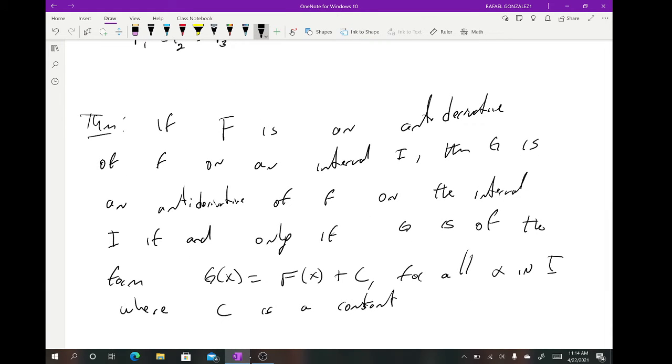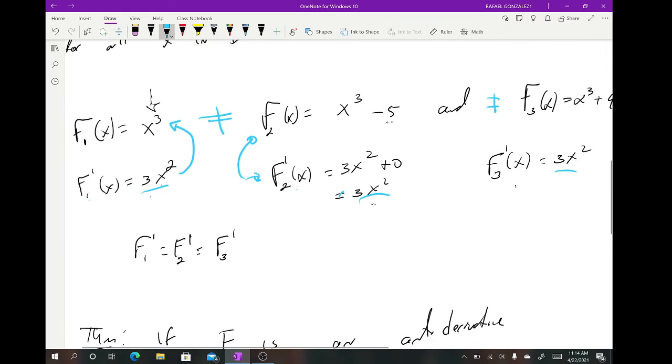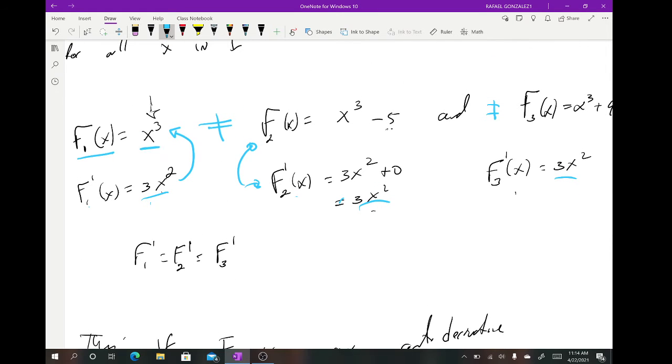The g's that I have are antiderivatives, because notice that we have f of x. What was my f of x here? My original one was x cubed. So all of them have an x cubed plus or minus a constant, plus or minus a c. So this is f of x minus c. This one is f of x plus c.